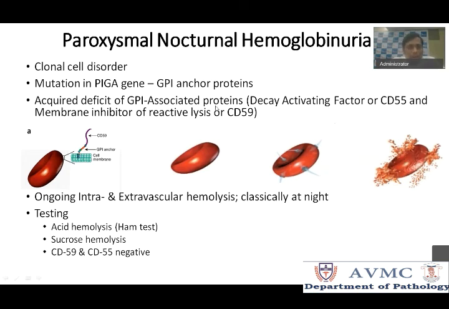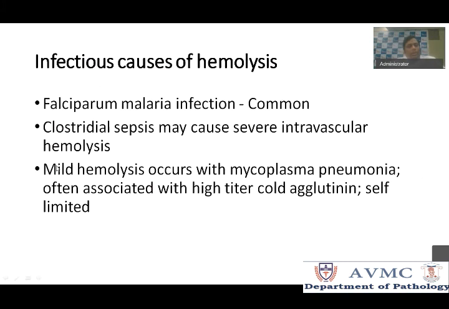So it's an acquired defect where it doesn't have the protective proteins like CD55 and CD59, leading to lysis. This case can be diagnosed by flow cytometry, looking for expression of CD59 and CD55 on RBCs. Apart from these, there can be some other rare causes of hemolysis, like falciparum malaria.